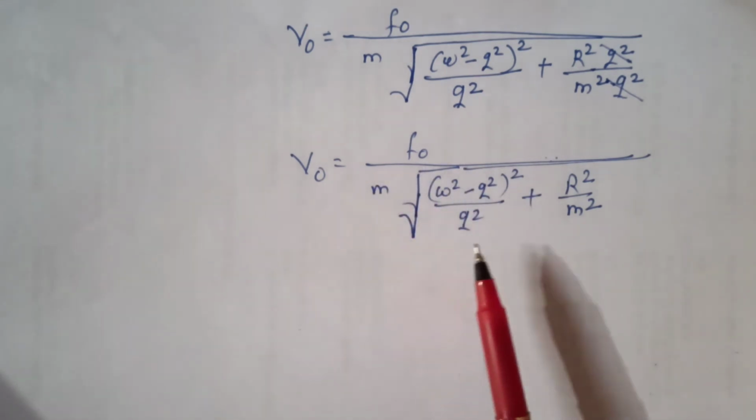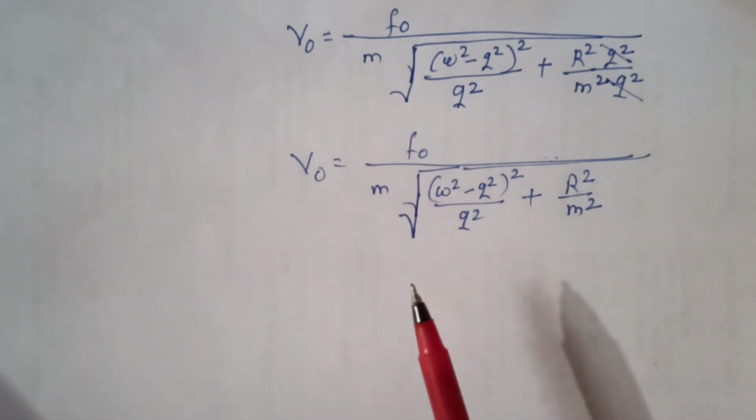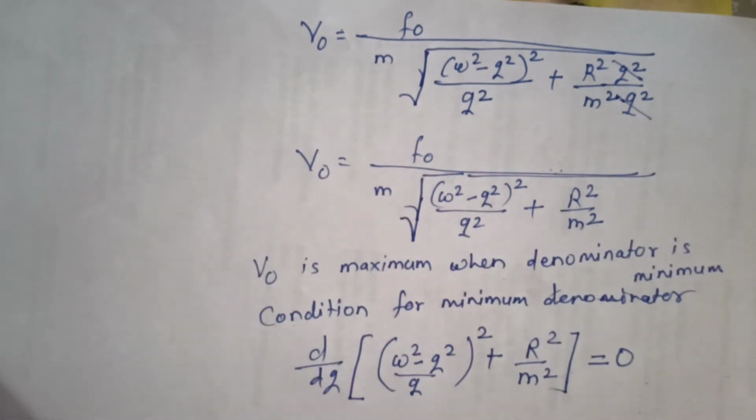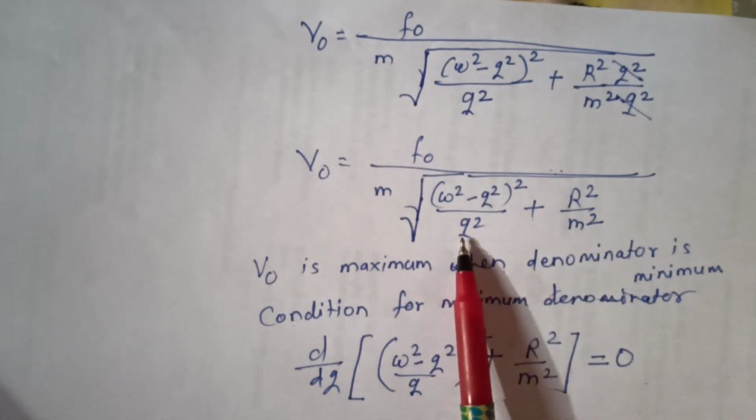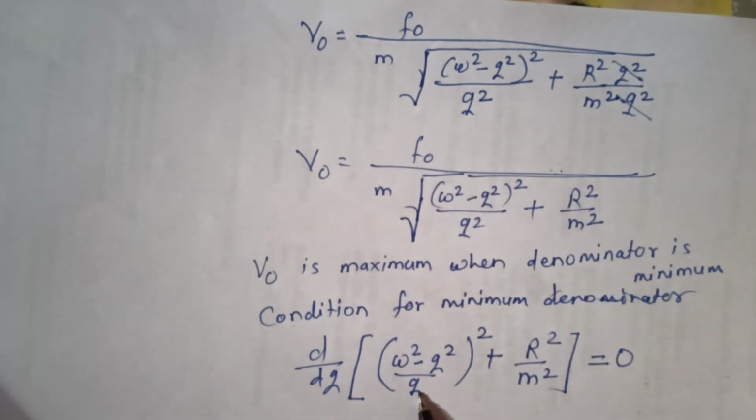The condition for minimum denominator is d by dq of the denominator, that is d by dq of [(omega square minus q square) divided by q] whole square plus r square upon m square, is equal to 0. Here we take q square inside this square, then it becomes q.